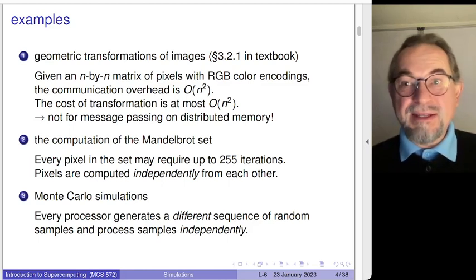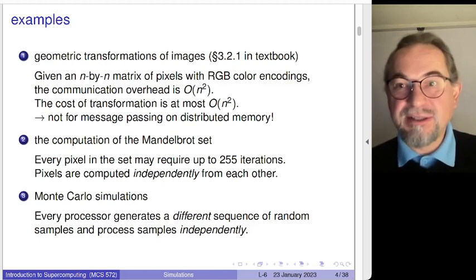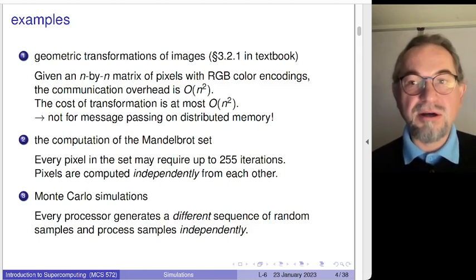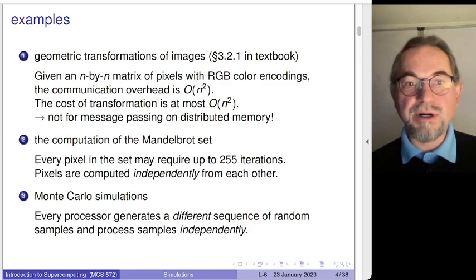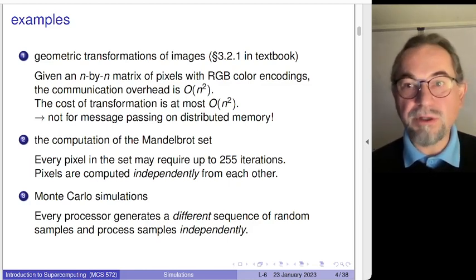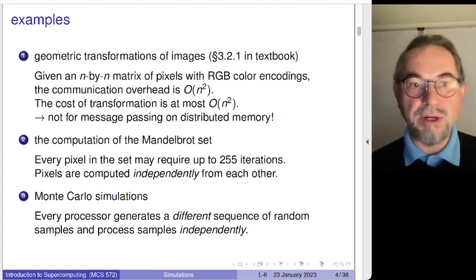Okay, so there are many examples that fit this category. One has image processing, where one is going to compute a transformation of an image. One can, for example, improve the color encoding.